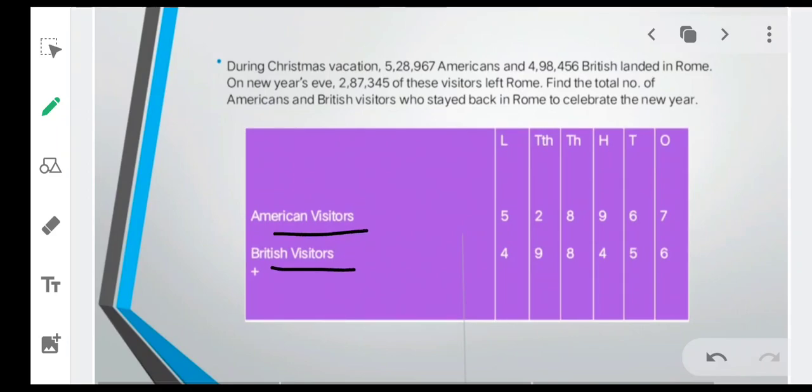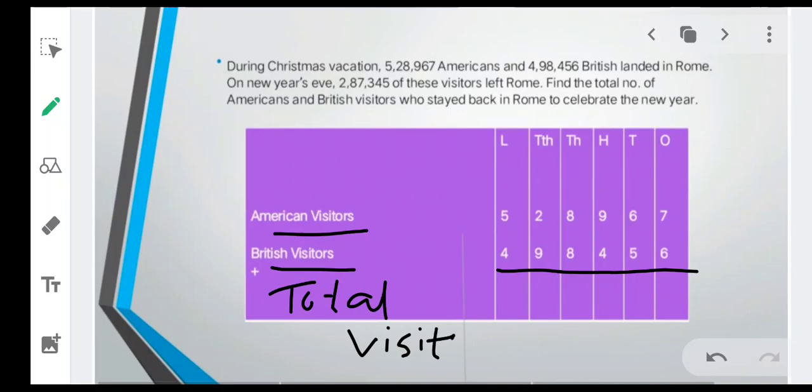When we add these, we get our total visitors. How many total visitors landed in Rome during Christmas vacation? Okay, so 7 plus 6, 13.